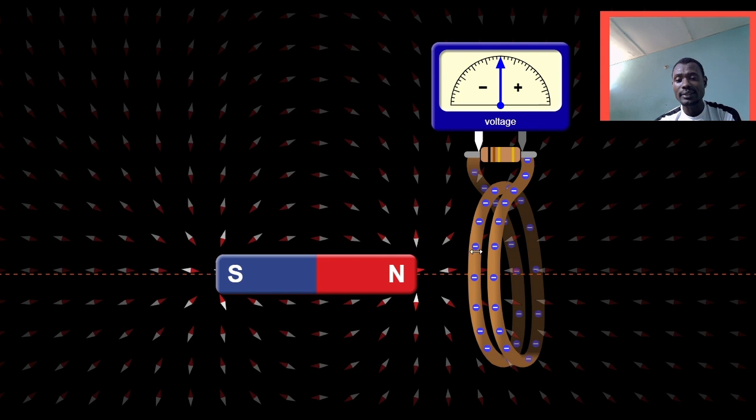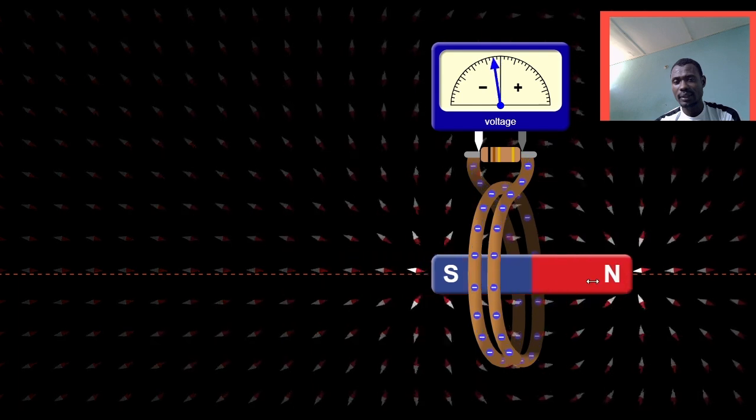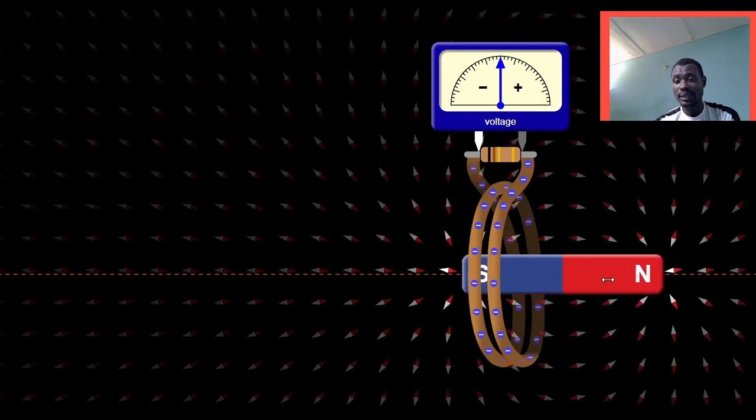As you can see, when the bar magnet stops, there is no current. If you look at the galvanometer, you can see no deflection. But when you move the bar magnet, there is deflection, telling you that current is induced in the wire.